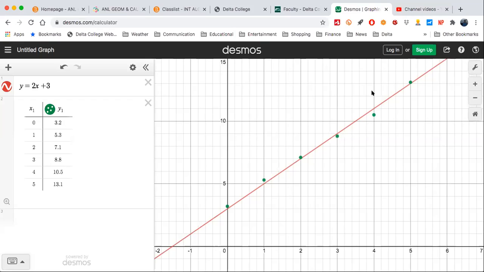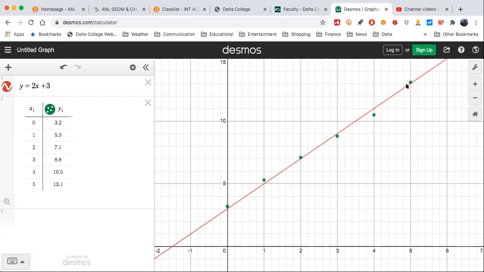The algebra behind the calculations is beyond what we would do in this class, so the good news is we don't have to compute it by hand. The idea is to minimize the sum of all these little distances between the point and the line. We want to find the line where the sum of those distances is as small as possible, and that's called the line of best fit, or a linear regression.